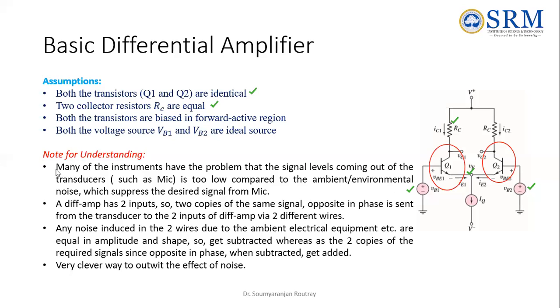Many of the instruments have the problem that the signal levels coming out of the transducer, such as a mic, are too low. Let's consider a public addressing system. You are talking into the mic, but your voice is very low. Many instruments have the problem that the signal coming from the mic, or any sensor from where we are getting a signal, is too low compared to the ambient or environmental noise.